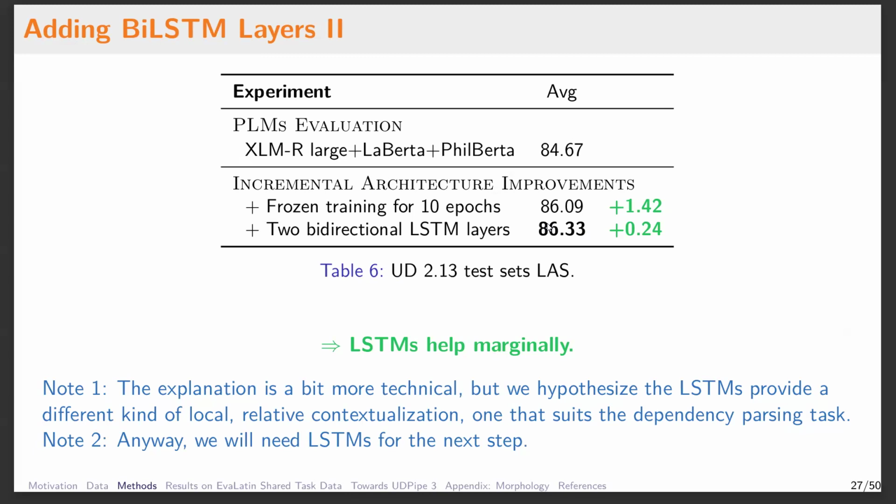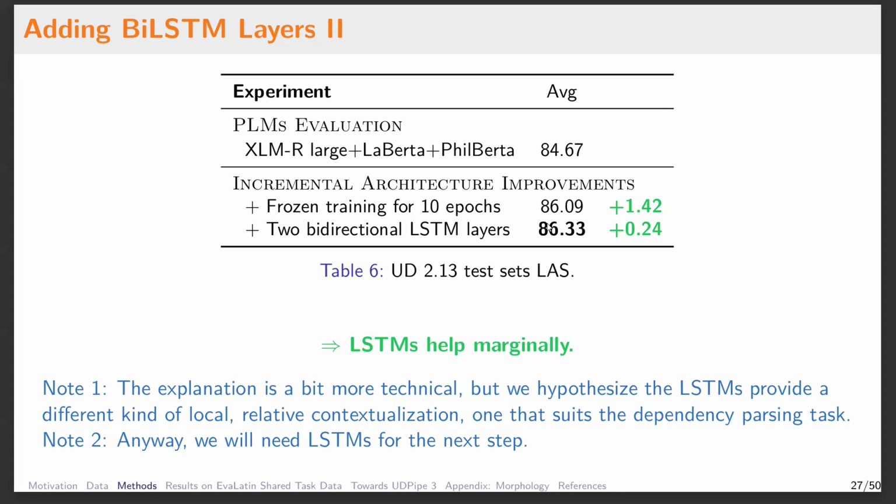I would say marginally. So when we add two bidirectional LSTM layers on top of already fine-tuned transformer models, it does help on average, and it did help in the shared task. Now the answer for why that is happening is a little bit more technical, but we think it's because LSTMs look at the contextualization a different way than a transformer with positional embedding does.